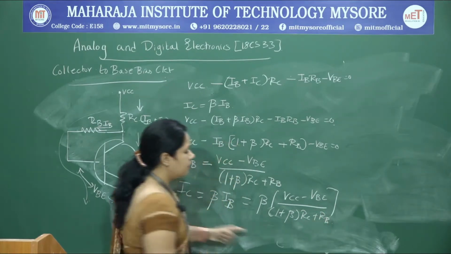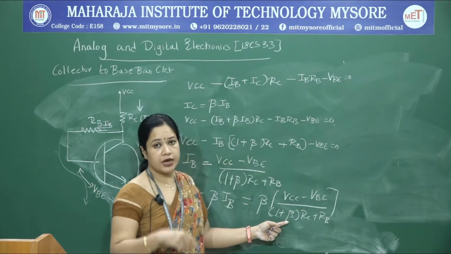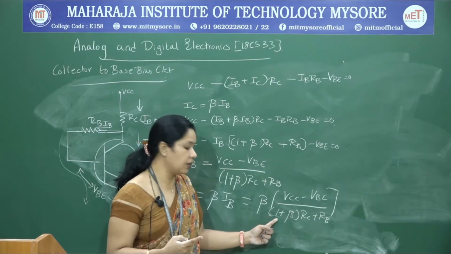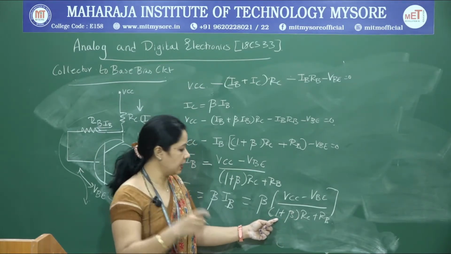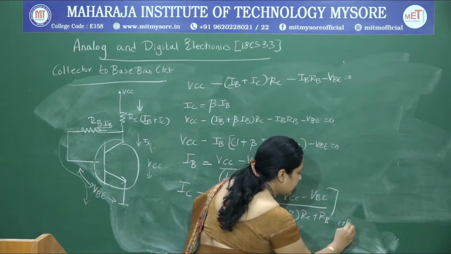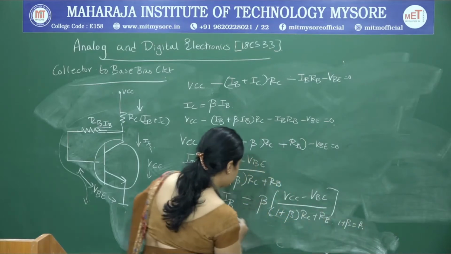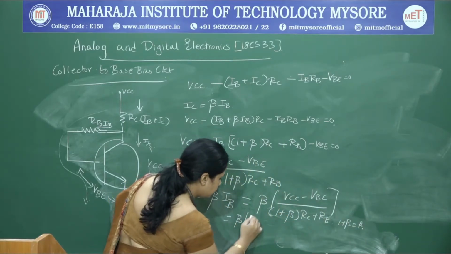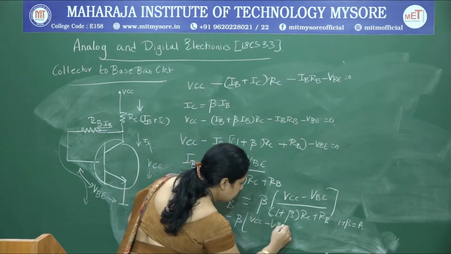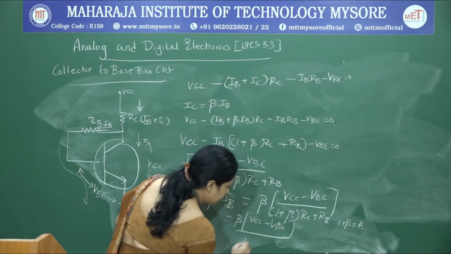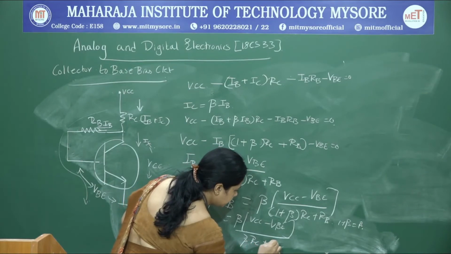And you are aware beta is very much higher than 1, so I can approximate 1 plus beta as beta. This expression reduces to beta into (VCC minus VBE) divided by (beta RC plus RB).